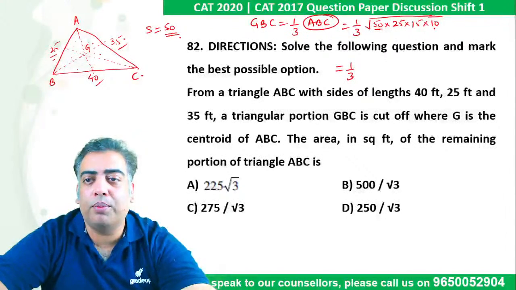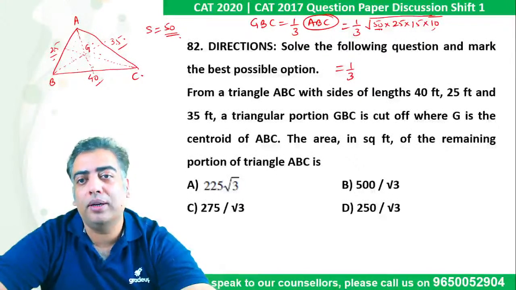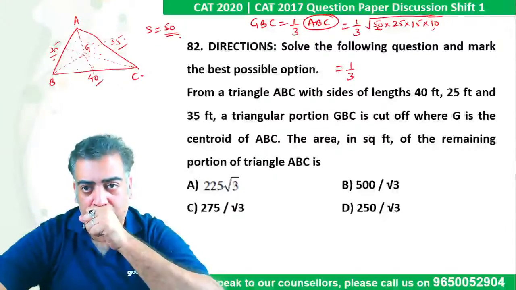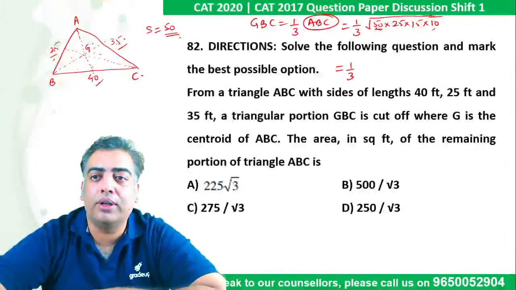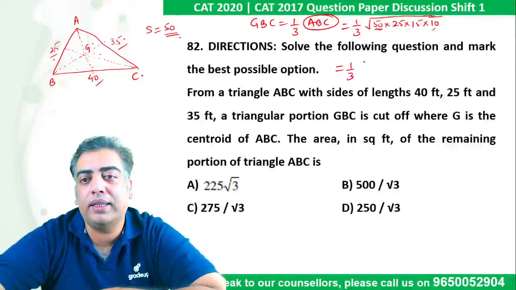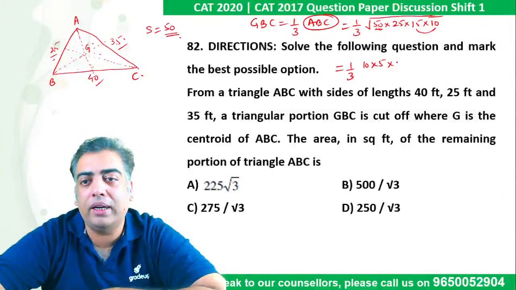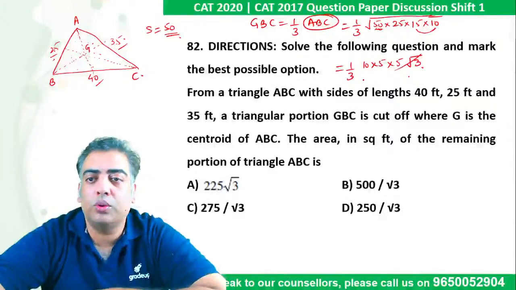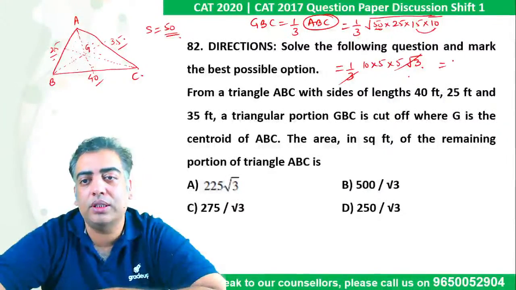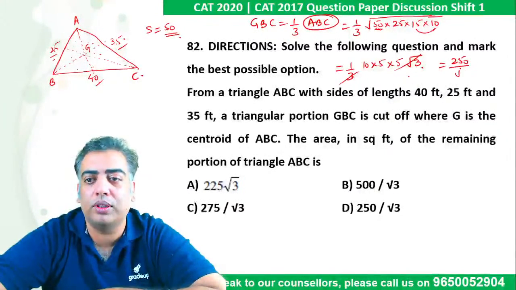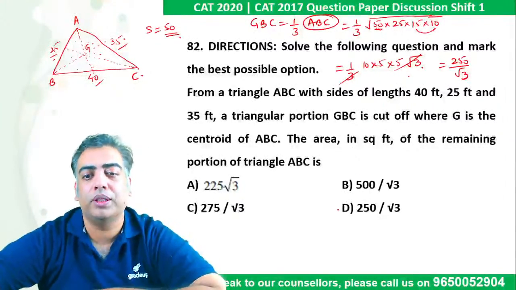So we can borrow one more 2 here. So it becomes 100. Right? So 100 will give me 10 outside. This 25 will give me 5 outside. So these two 5s when combined will give me another 5. So resultant is root 3. So root 3 gets cancelled out with 3 here. So results in 250 upon root 3, which is option D.